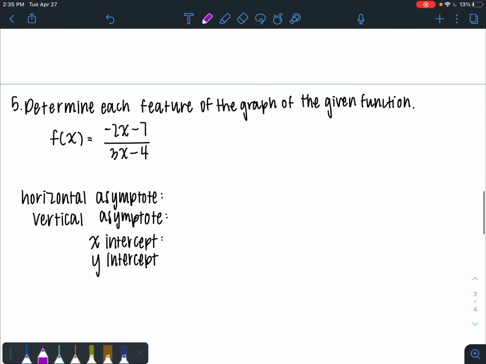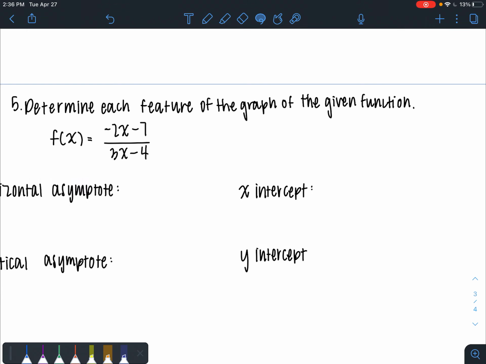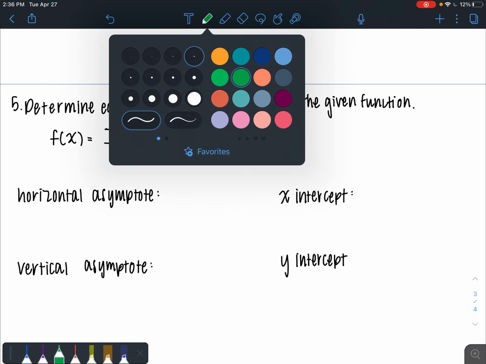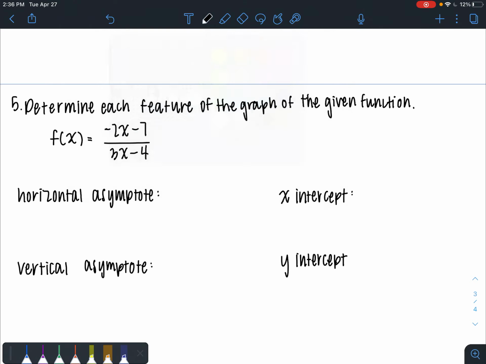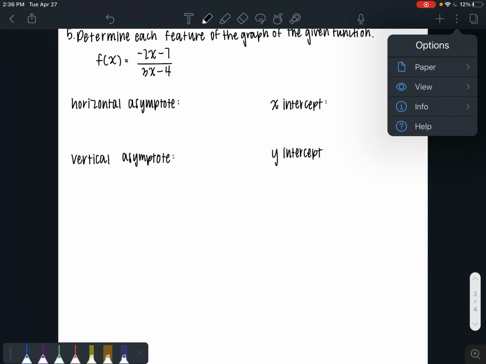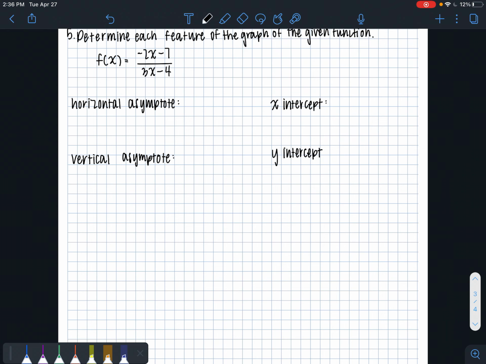All right, finally on our last example, we will end up graphing it. So first let me draw my graph so I can have it ready here.